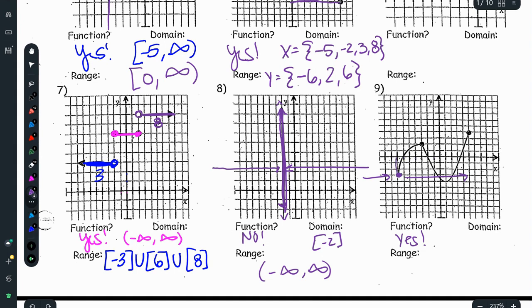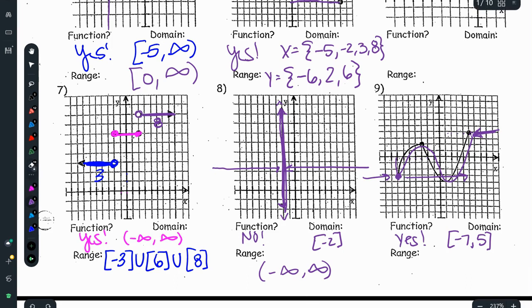So I start when x is negative 7. And I put a bracket because if I erase what I drew, we can see that that is indeed filled in. Now I follow all the way over to the right, and the furthest right I go is this point right here. So if we count, that's 1, 2, 3, 4, 5. So I go from negative 7 to 5.